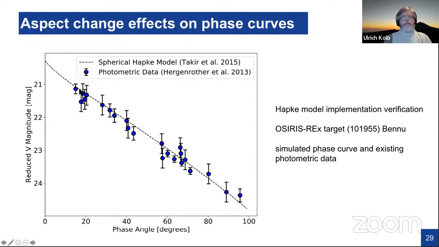This is the phase curve of that asteroid, as published by Hergenrother et al. 2013, and the very same shape model software setup was used with Hapke model parameters to produce this properly fitting phase curve. These are not PIRATE data.